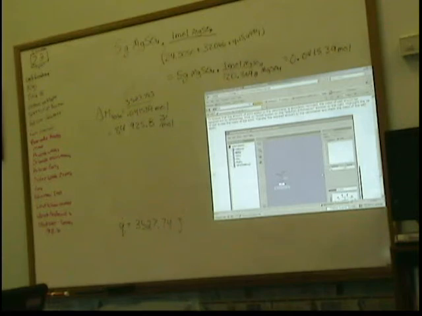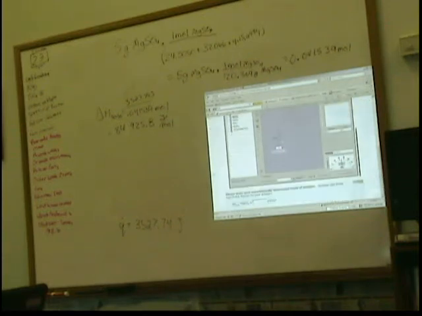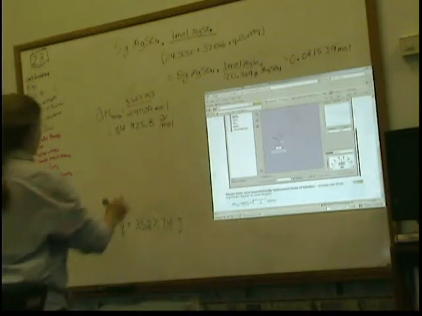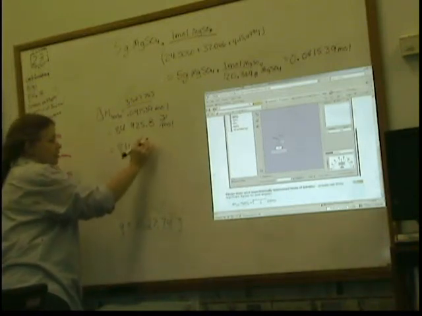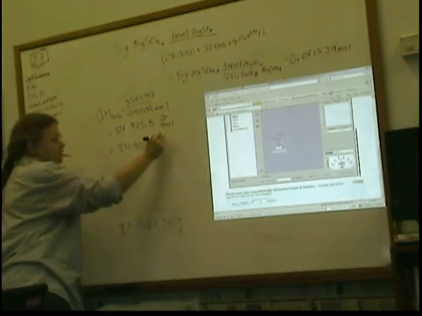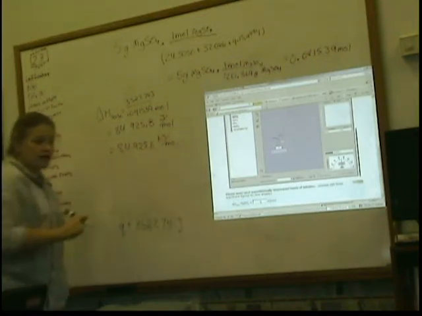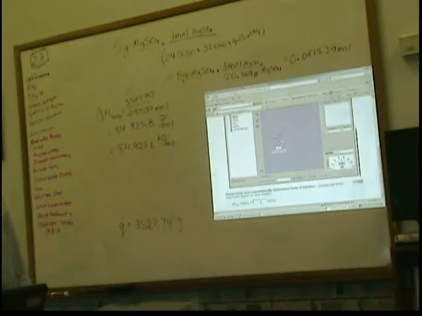Now my answer, when I put it in, is supposed to be in kilojoules per mole. So this would be 84.9258 kilojoules per mole. But now I need to go back to the question I asked at the beginning, which was: is this endothermic or exothermic?